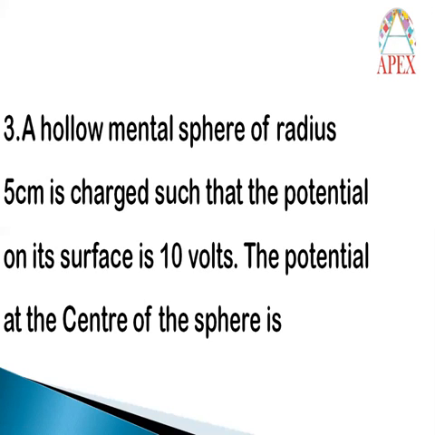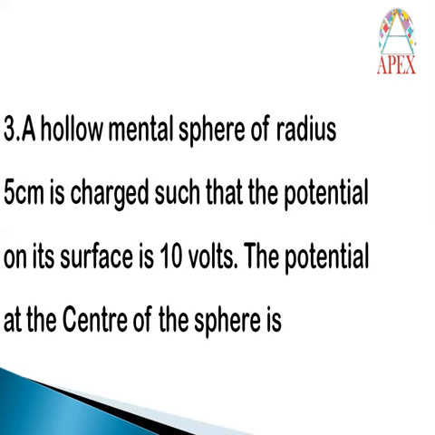And we know that inside a hollow sphere, electric field intensity will be 0 and potential remains constant. That potential is equal to the potential on the surface at any point on the surface.